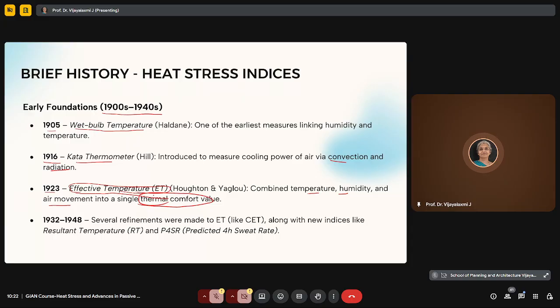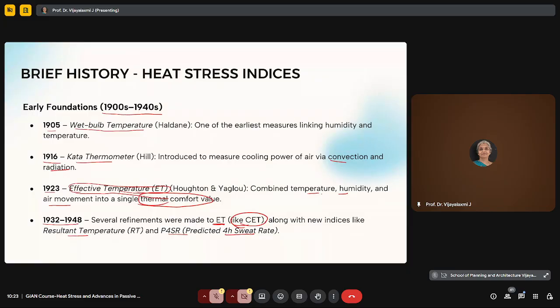If anyone wants to know, that book gives a very basic understanding of what effective temperature is. And between 1932 and 1948, CET, corrected effective temperature. Refinements were made to effective temperature, called corrected effective temperature, along with certain new indices like resultant temperature or predicted 4-hour sweat rate. For details of this, you can see that book.